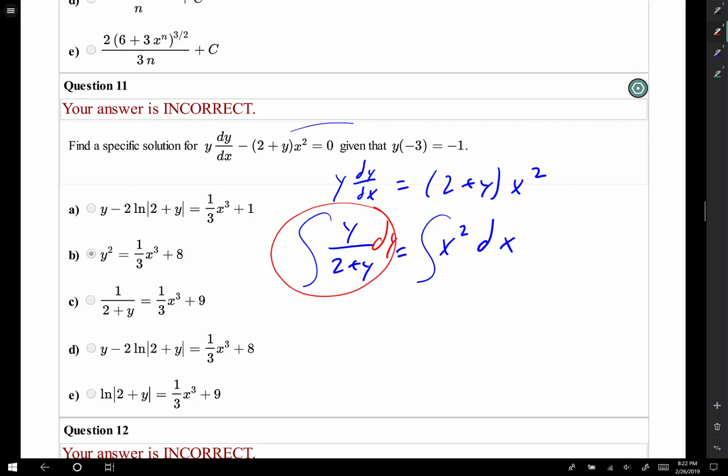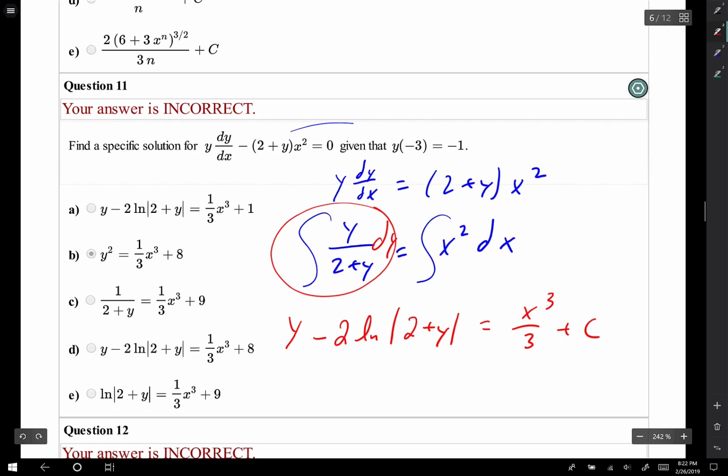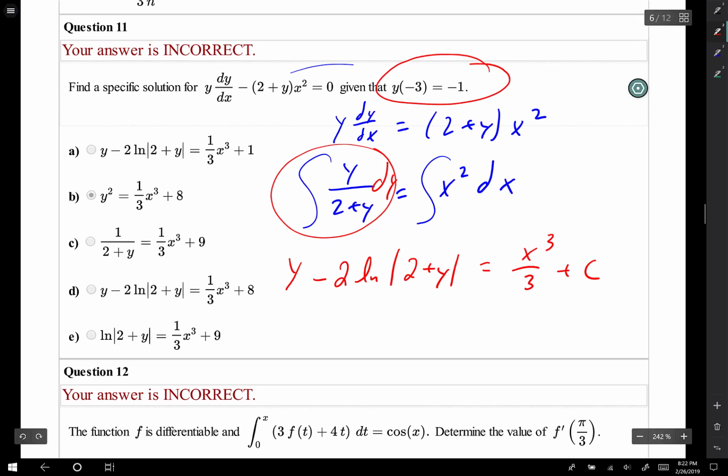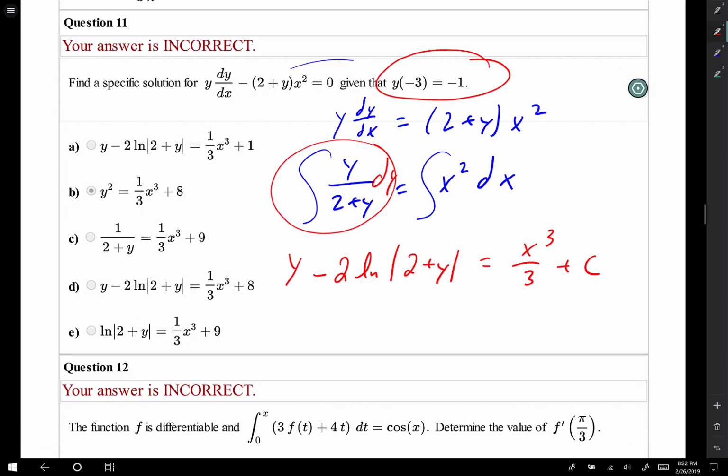So I get y minus 2 ln absolute value of 2 plus y, close it, equals x cubed over 3 plus c. Now they tell you this guy, so let's use that. When x is negative 3, the output is negative 1.